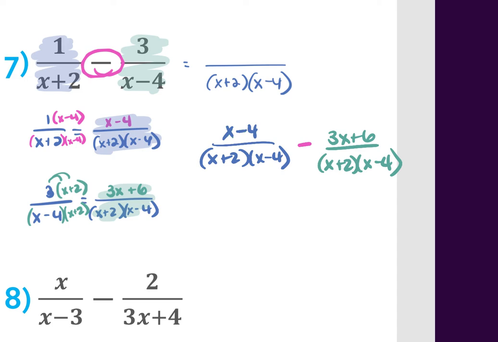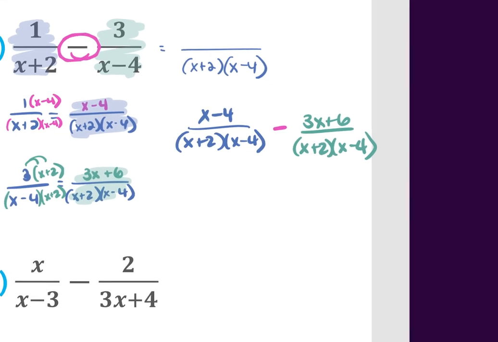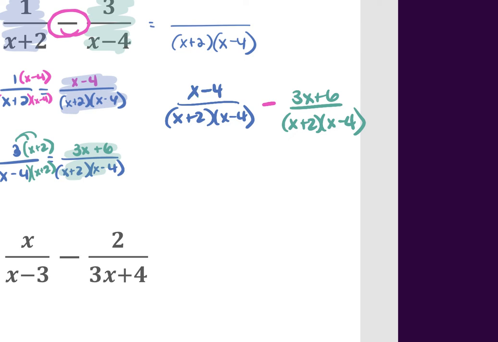Now the denominators are the same, so I can combine my numerators. I'd get x minus 4. This minus is going to go to both of these terms, minus 3x minus 6, and it all goes over my like denominator, x plus 2 and x minus 4.